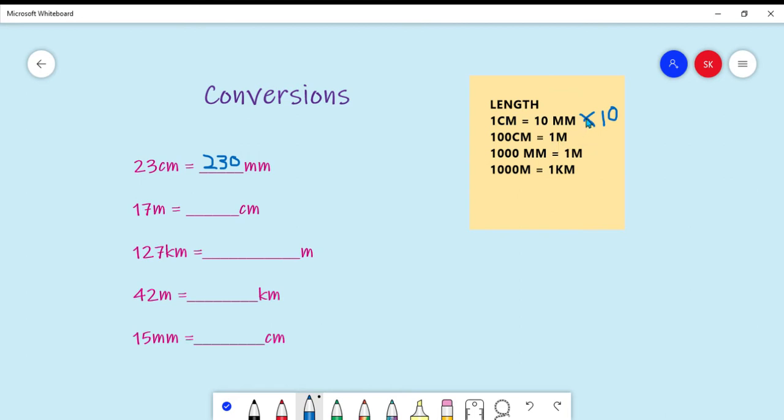What we do here is we times by 100. So we do the exact same thing to 17 meters, times by 100 to get to how many centimeters we want. So 17 meters times by 100 will give us an answer of 1700 centimeters.